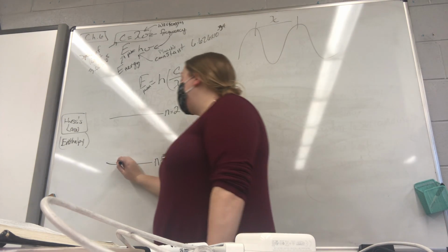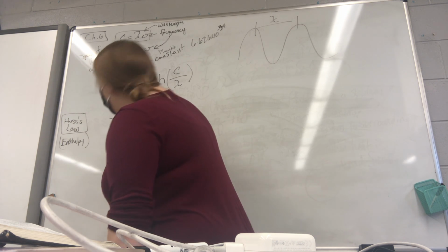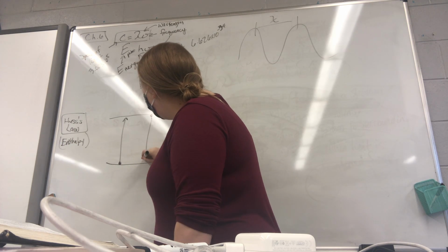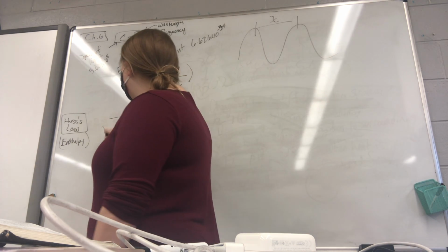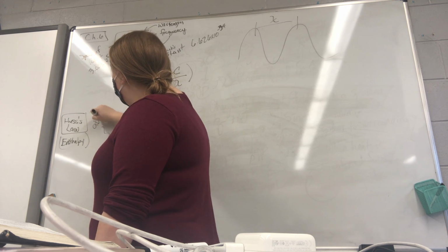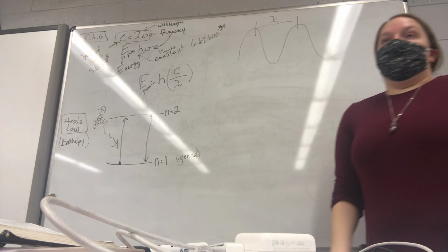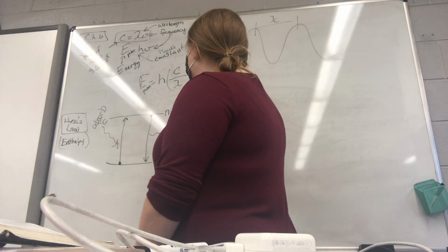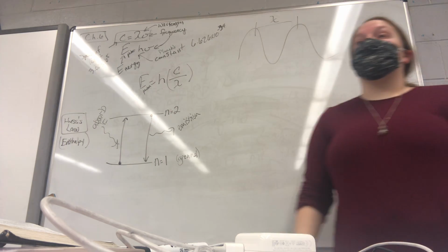We talked about what happens when an electron moves from one to the other. And then we talked about what happens when the electron moves back down. In order to move from one to the other, it has to absorb energy, absorption, if you will. When it relaxes, it releases energy.